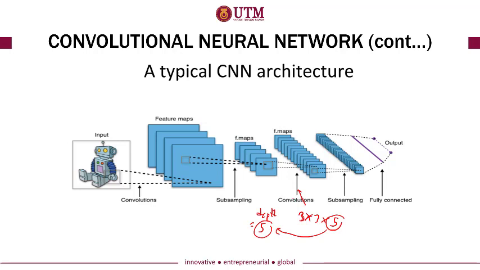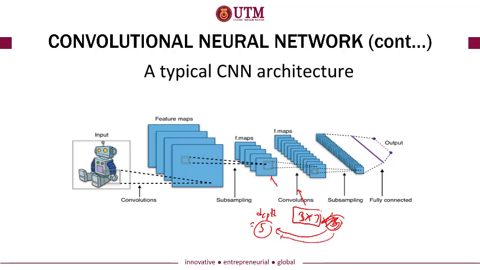Like I said before, normally in writing the filter's characteristic, we always delete this part, because by default the Z size should be similar to the Z size of the input here.